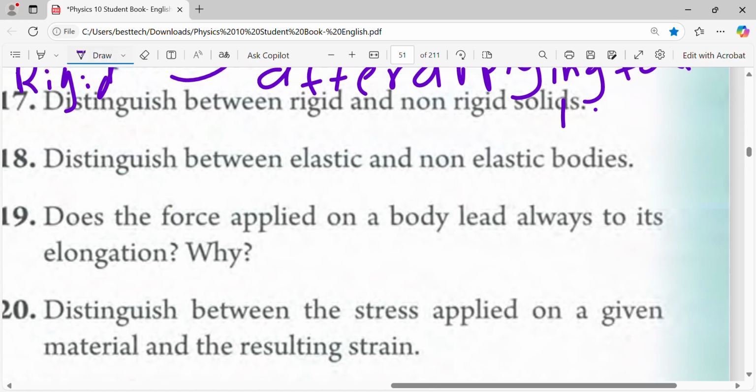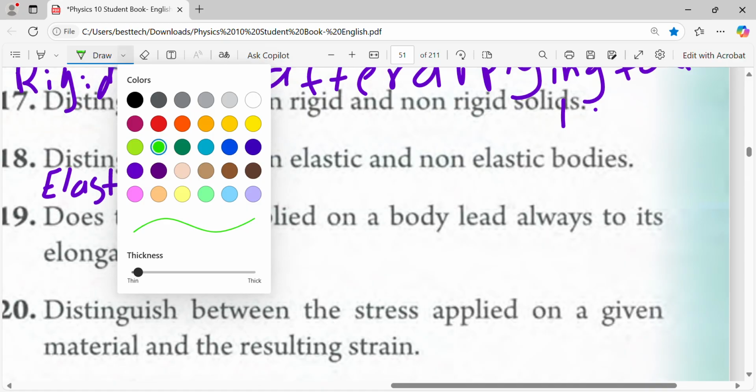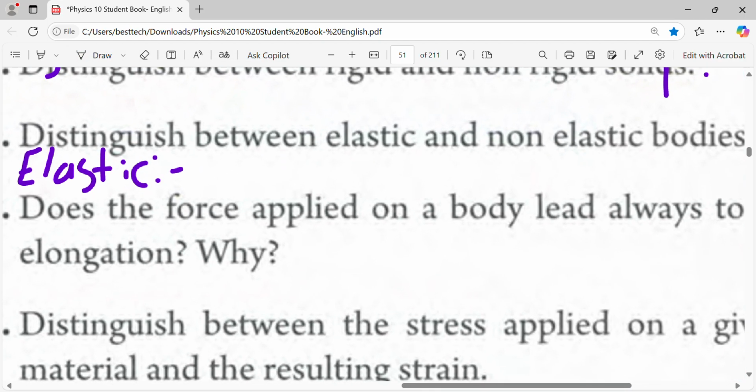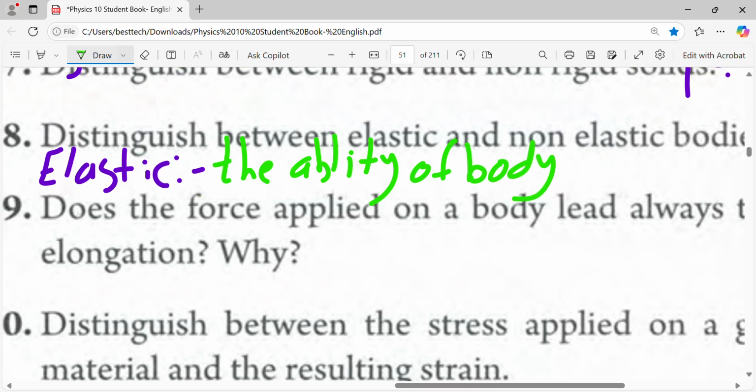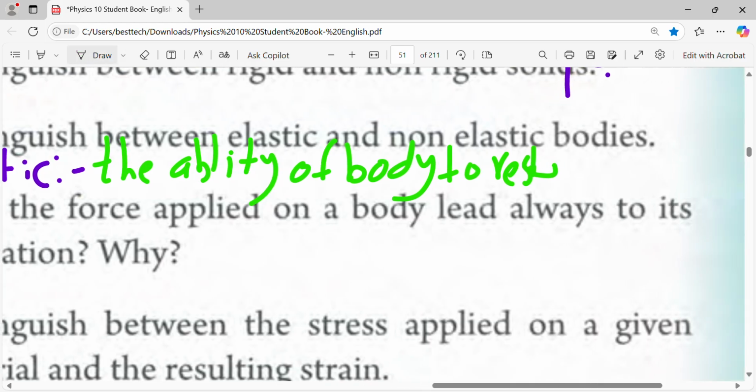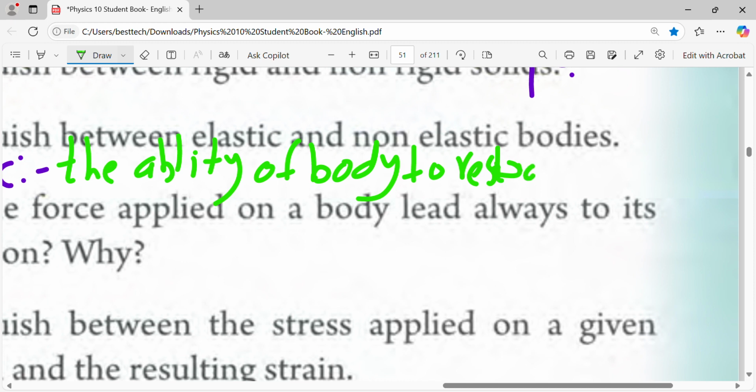So elastic is the ability of a body to restore its original shape.